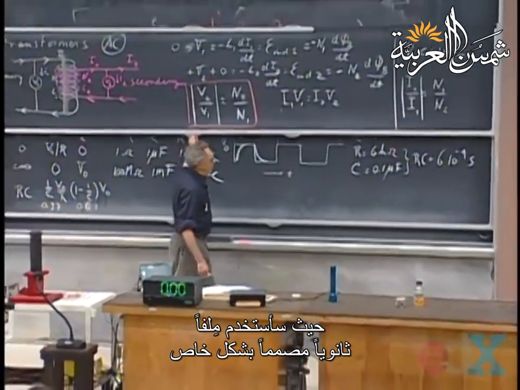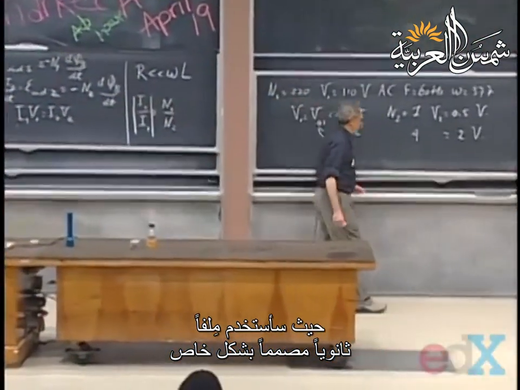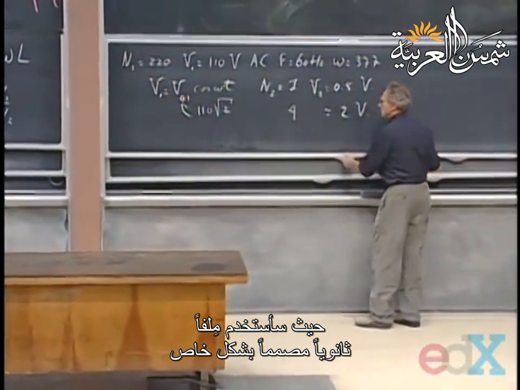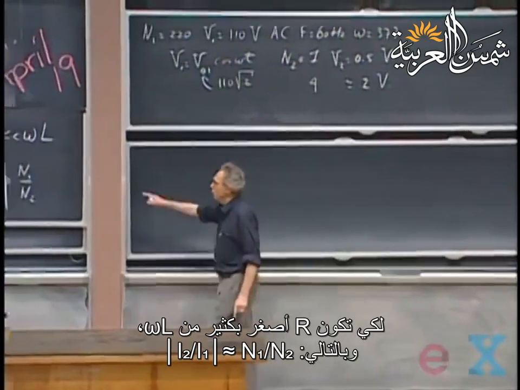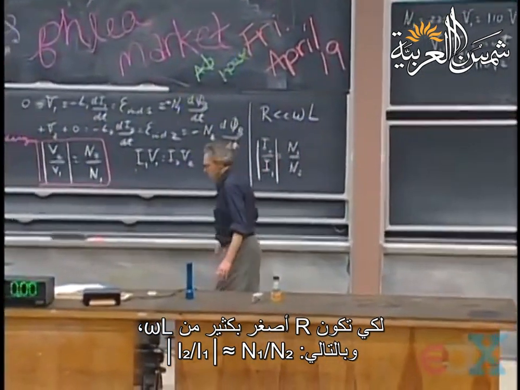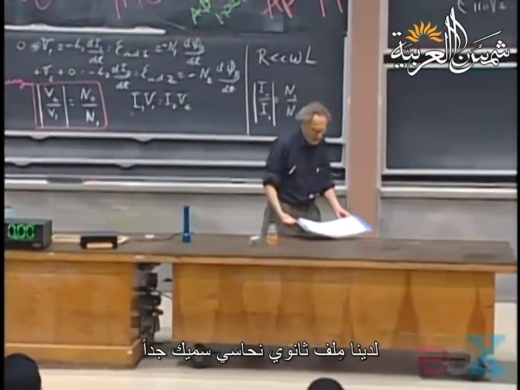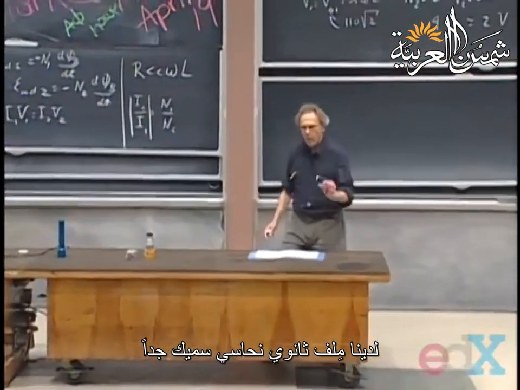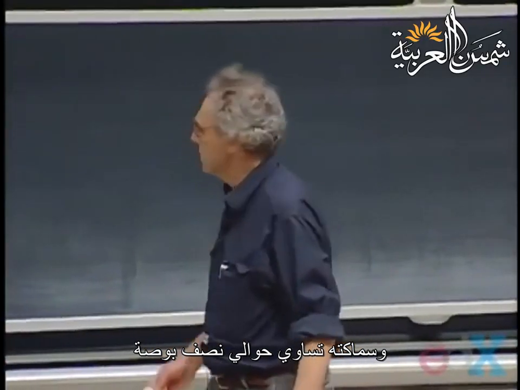And the way I'm going to do this experiment now is with a secondary which is specially designed to have an enormously low value of resistance, because I want to approach this situation so that this approximately holds. We have a very thick copper secondary, almost half an inch thick.